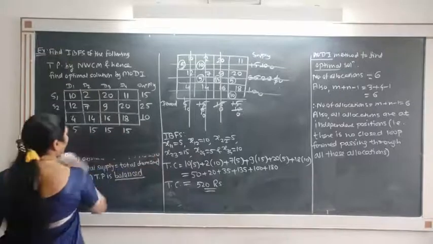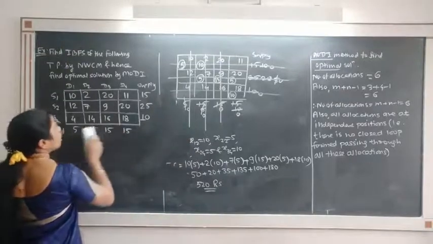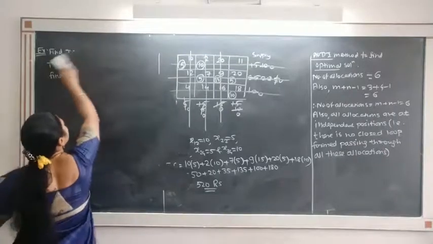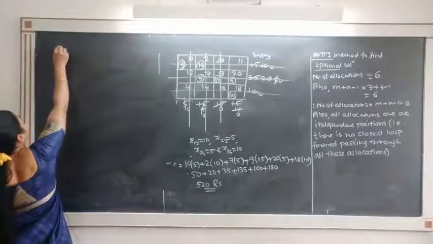So consider the problem. I will write down the allocations for this problem using what we have from the northwest corner method.